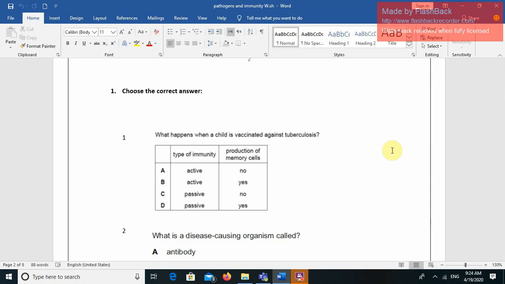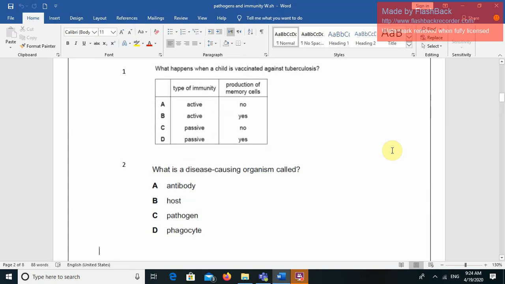So the type of immunity is active, with production of memory cells, yes, because in active immunity we have memory cells that last longer after the infection. So the answer is B.